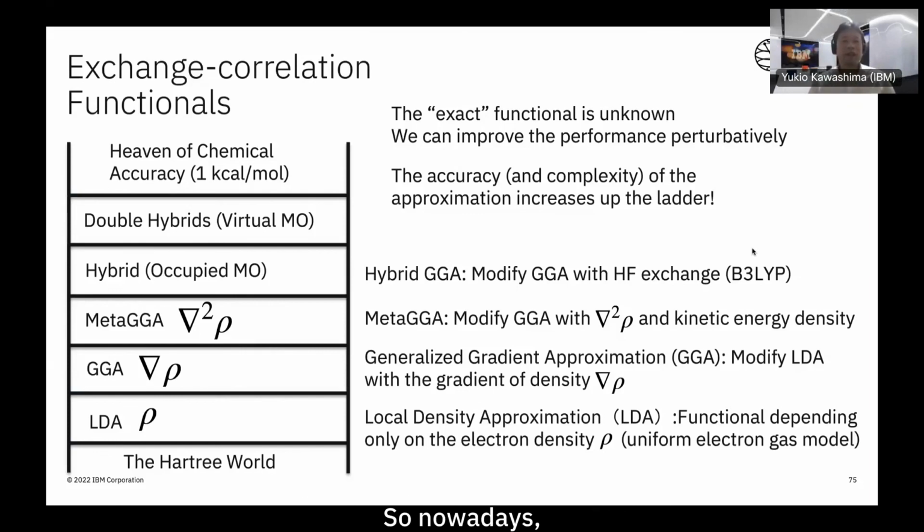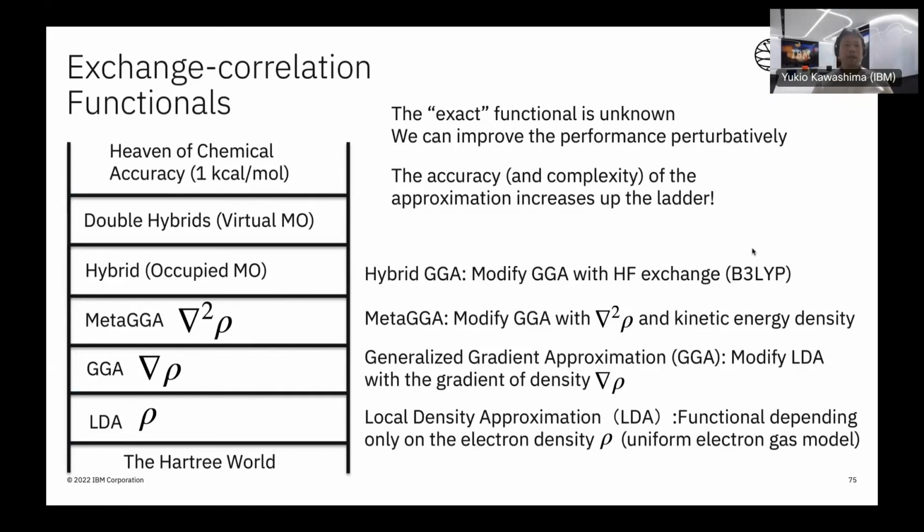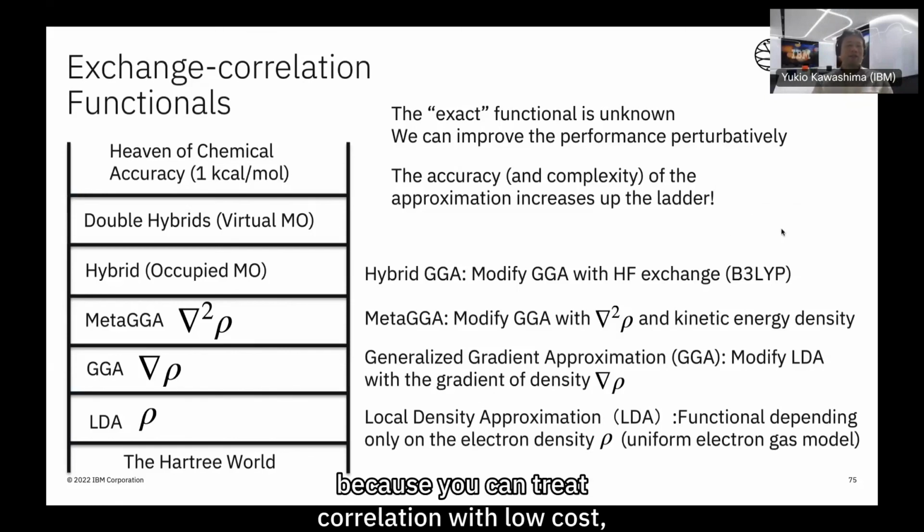So nowadays, I think more than 90% of the quantum chemistry articles are based on DFT. So you see, DFT is appealing because you can treat correlation with low cost. But the drawback is that we can't improve the performance systematically.